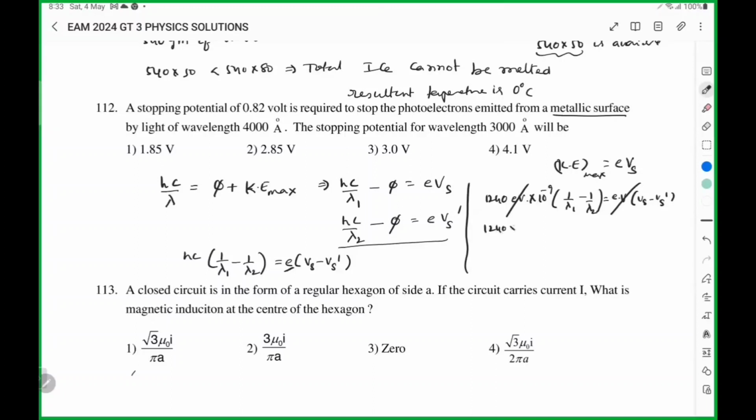At 1240 into 10 power minus 9, 1 by lambda 1, that is initially 1 by 4000 angstrom units minus 1 by 3000. 1 angstrom is 10 power minus 10 meters, or 0.1 nanometers.